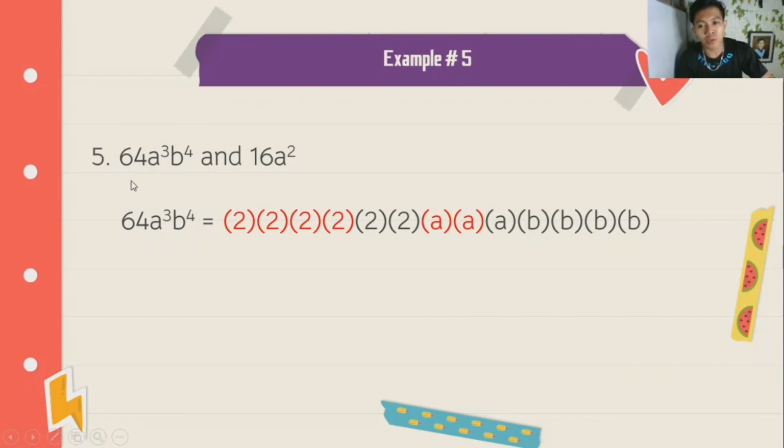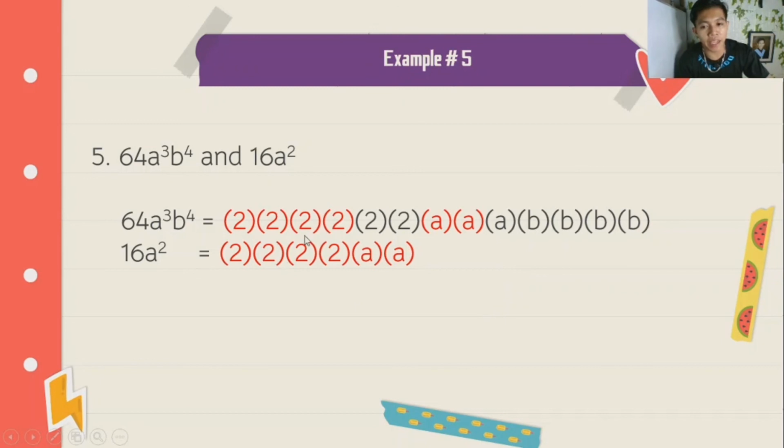So, next naman natin si 16a raised to 2. 16 ay 2 times 2 times 2 times 2. So, 16 yan. 2 times 2, 4 times 2, 8 times 2, 16. Next, a raised to 2. Ilang a? 2. So, sulat mo lang din yun. Now, ano yung pareha sa kanila?